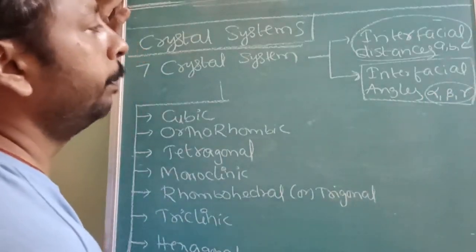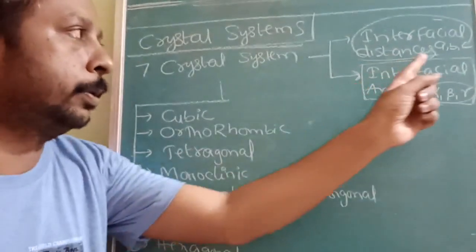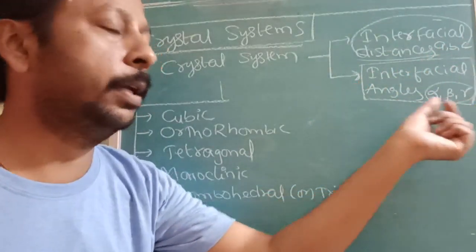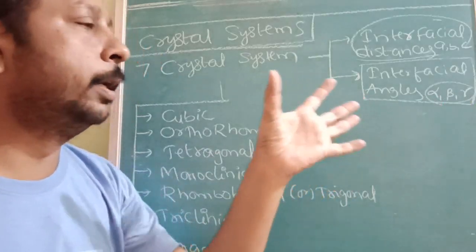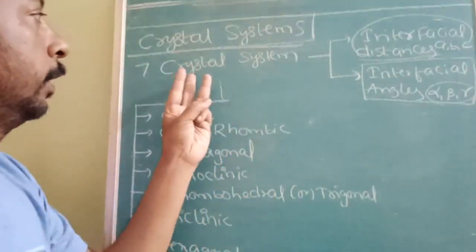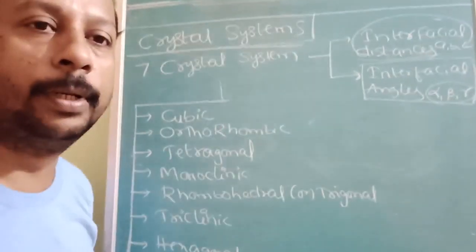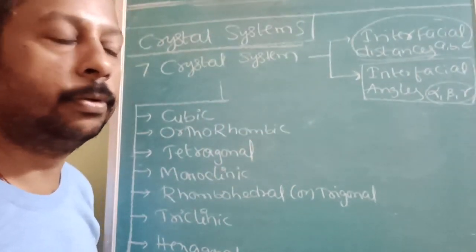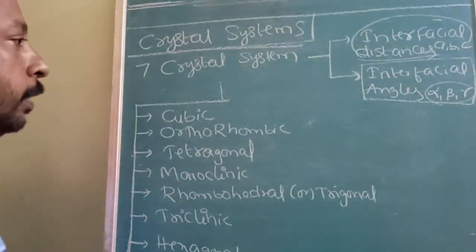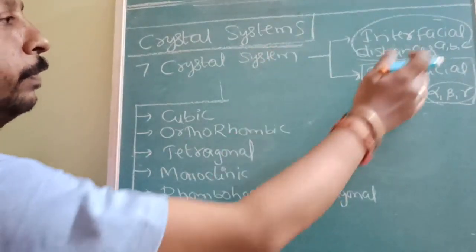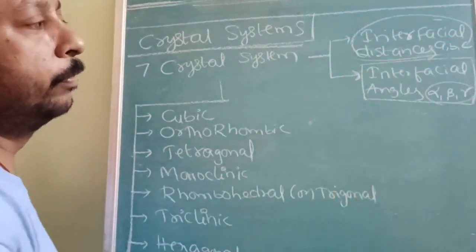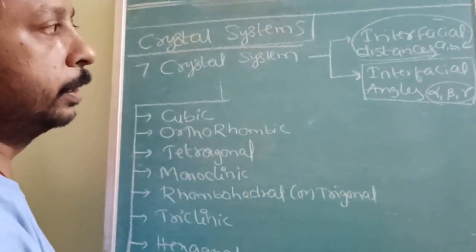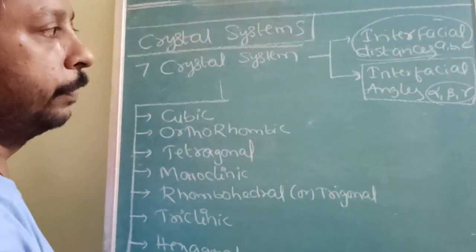Based upon changing these A, B, C and alpha, beta, gamma, there are 7 crystal systems found in the universe. What will be the difference between them? The difference is only that they will have different interfacial distances or different interfacial angles.